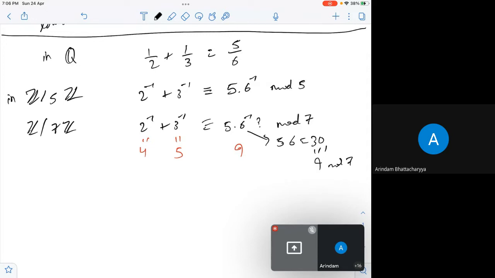So see, and this happens, well, almost all the time. You cannot do this mod 2 or mod 3 because these don't make sense mod 2 or mod 3.